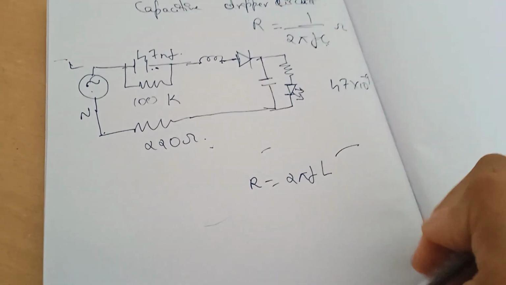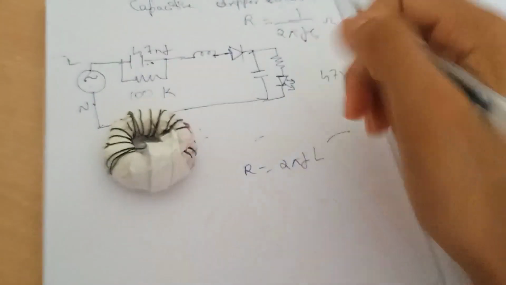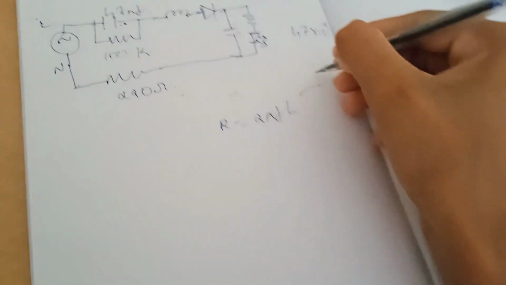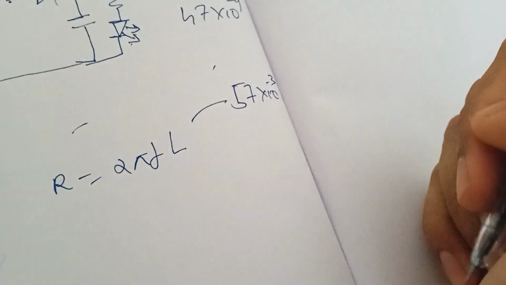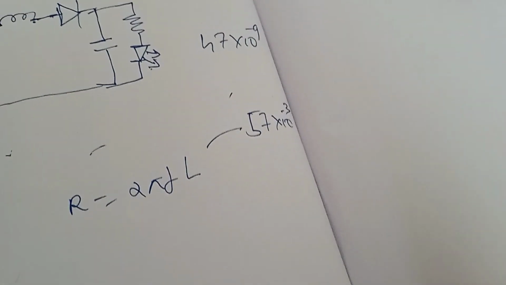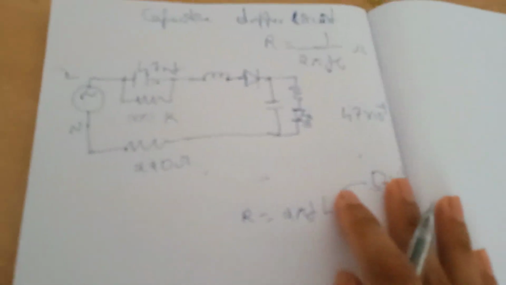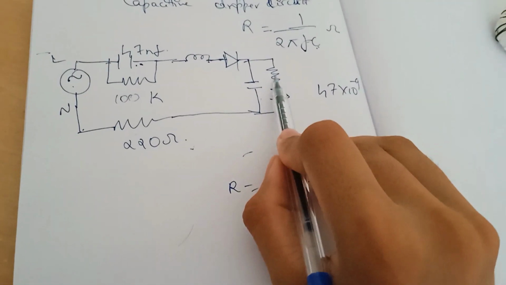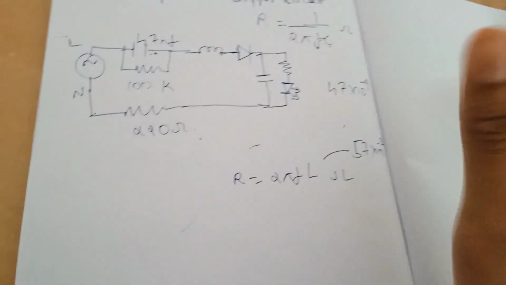I am going to use this inductor, which is approximately 57 millihenry, which is 57 into 10 power minus 3 henry. Then this capacitor is for ripple filtering, and this resistor limits the current, and then the LED. That's all. Let's build the circuit now.